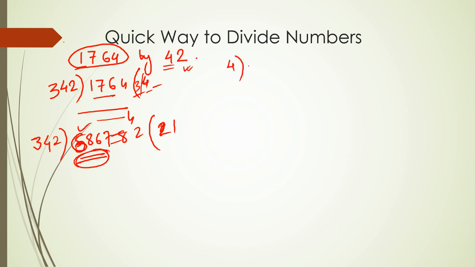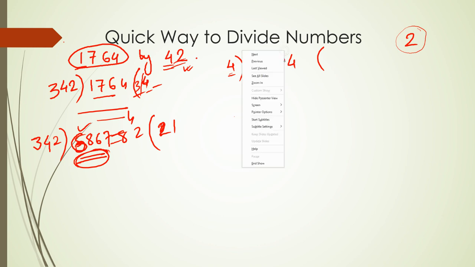So let's say 1764. We will divide this by 42. We will only keep 4 here, and the 2 we will write somewhere here. Since we have only one digit 2 written here, we will draw a bar from the right side, one digit from the rightmost digit.